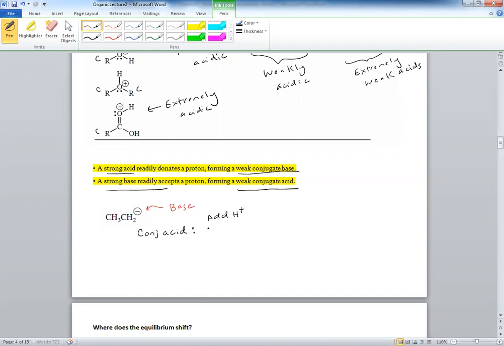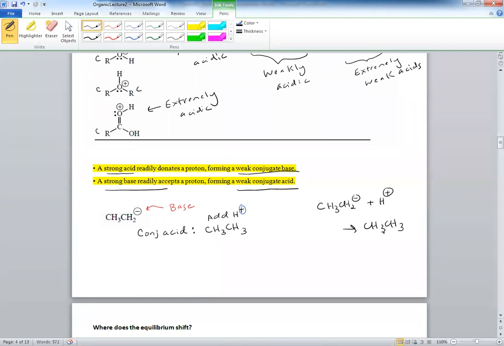So if we add H plus, it's going to be CH3CH3, right? We're adding one more H. Now, it's going to be neutral because there's a positive charge on the H. So again, here it is: negative plus H plus, and of course, this gives us CH3CH3.